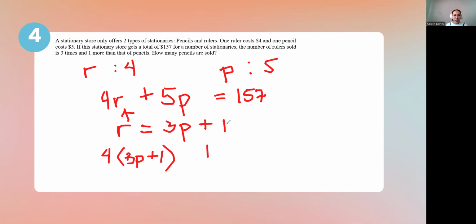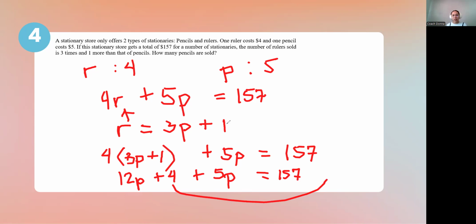So from there, 4 times 3, 12P. 4 times 1, that's 4, plus 5P. All right? And then that's equal to 157. Remember, let's transfer this to the other side. 157 minus 4, so let's put it here. That's 153, same with earlier. 12 plus 5, 22P.